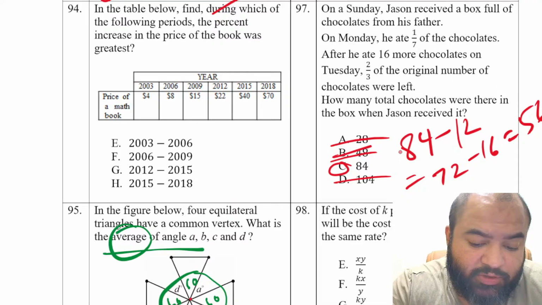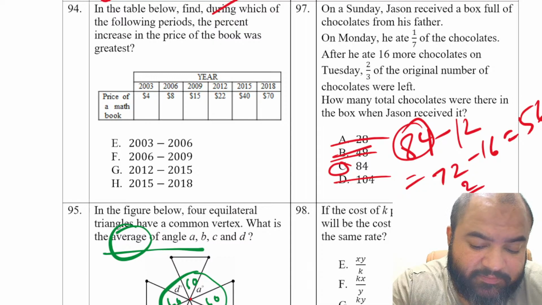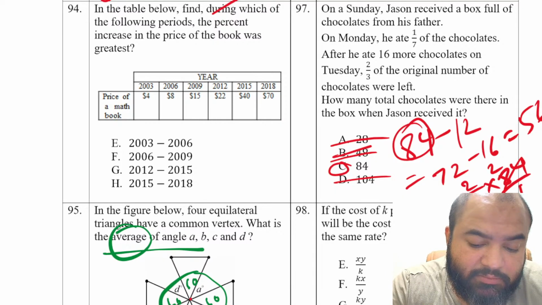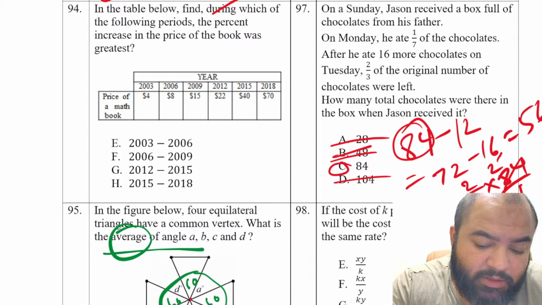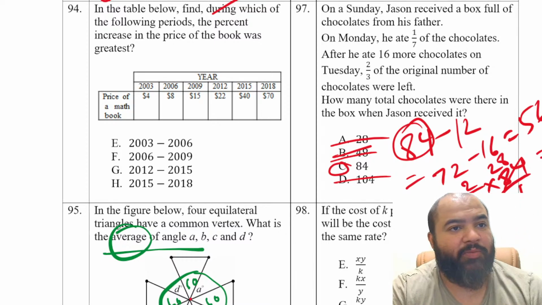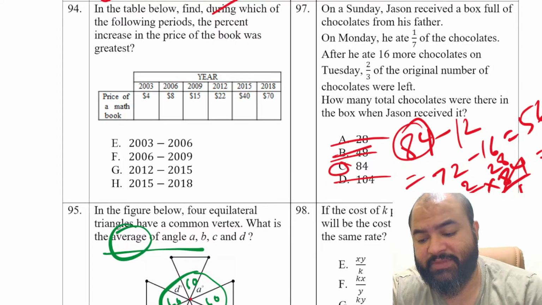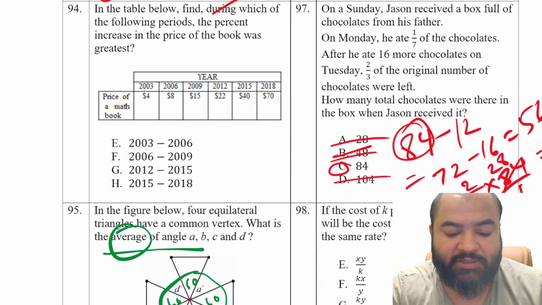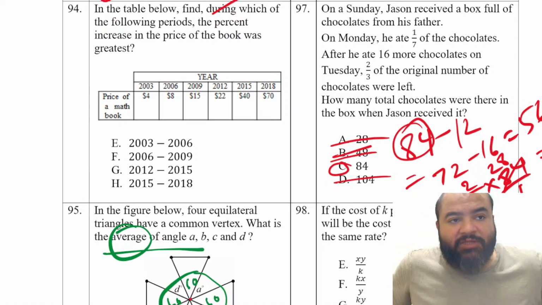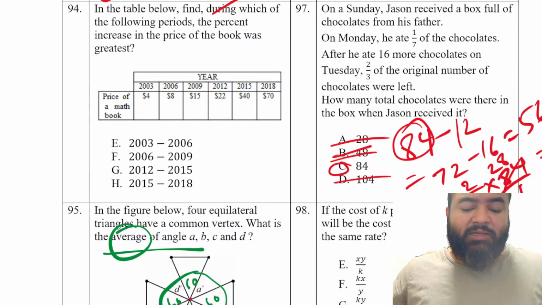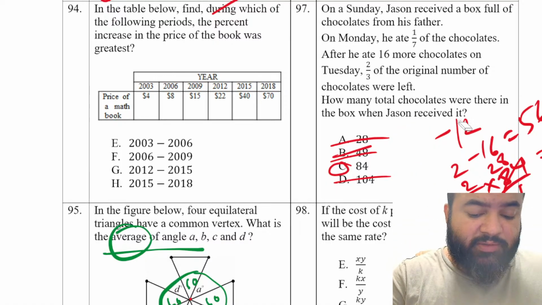And 2/3 of 84, is it 56? 3 goes into 84 28 times, 28 times 2, yeah, it is 56. So 84 is going to work. Whatever number we're looking for has to be divisible by 3 and 7. It's like that with these questions: you can try out the options. Any question, you can use algebra as well. If you like algebra, I can show you one simple idea.